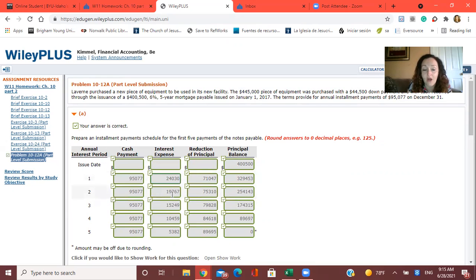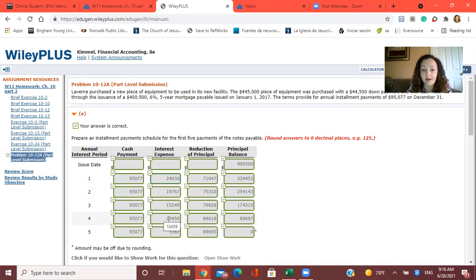In the second year, we see the reduction in the interest, and we see the increase of the principal reduction, right? We finished the second year with $254,143. In the third year, we pay less interest compared with the first and the second, and the principal reduction increases. So that's good, and our principal balance was lower.